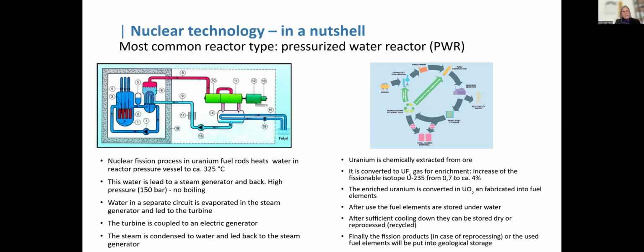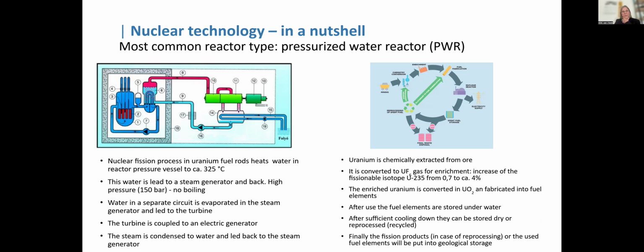There's only boiling in the steam generator in the secondary circuit. And there, the water is evaporated and the steam is led to the turbine. The turbine is coupled to an electric generator, and the steam is condensed to water and then led back into the steam generator. And that's the basic nuclear technology. And I will use this later on as a basis to explain other reactor types.